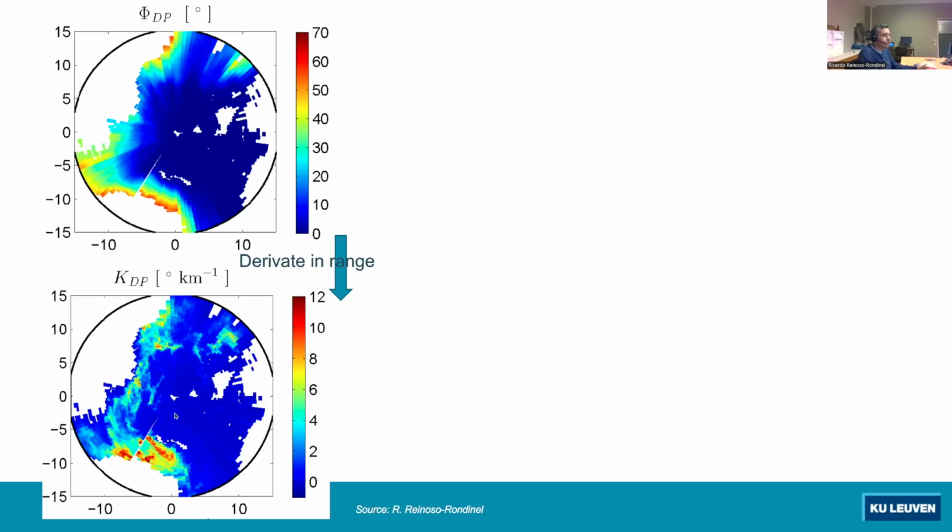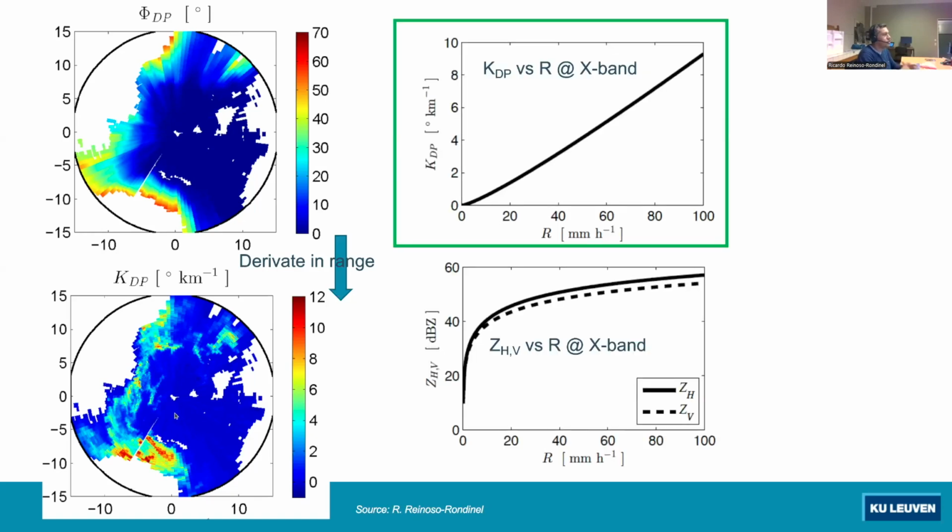So why am I talking so much about KDP? The reason is, if you take an empirical relation at X-band frequency, for example, between KDP, the specific differential phase, and rainfall rate on the X-axis, you see a pretty linear relationship.